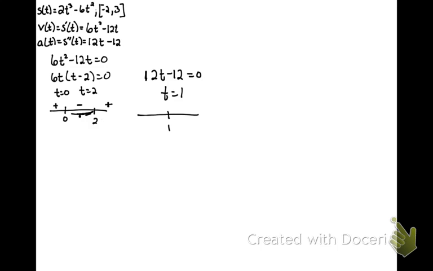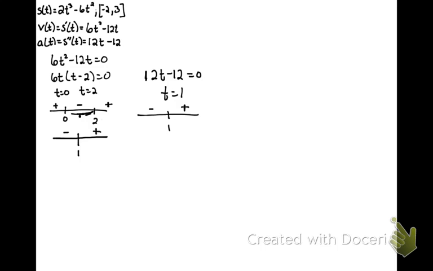That when t is 2, the acceleration would be positive, and when t is 0, the acceleration would be negative. We really need both of these things. Right, so I'm going to line up the acceleration sign analysis to make a determination here.